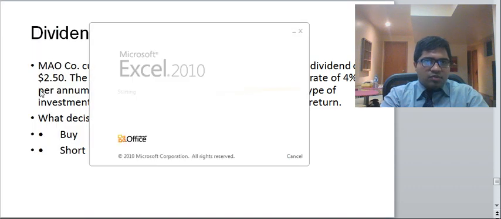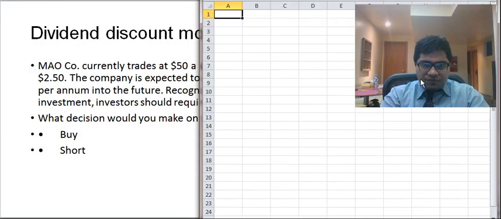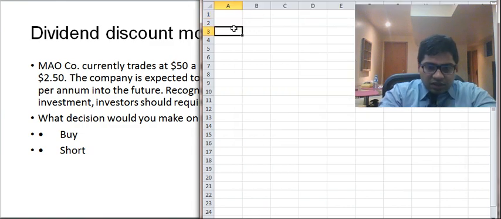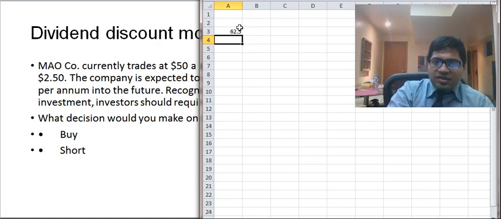If you put it in the formula, intrinsic value will be 2.5, the expected dividend, divided by R minus G. R was 8% and the growth rate was 4%. So your intrinsic value is 62.